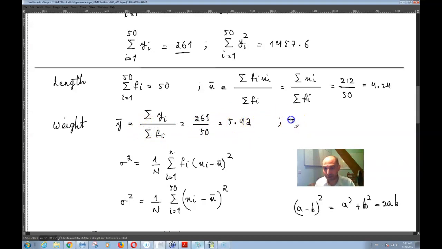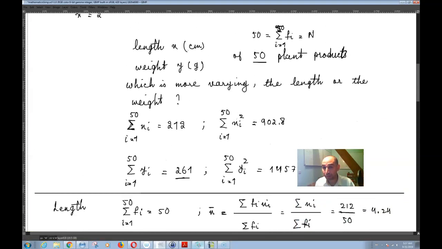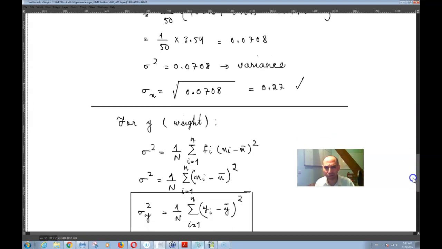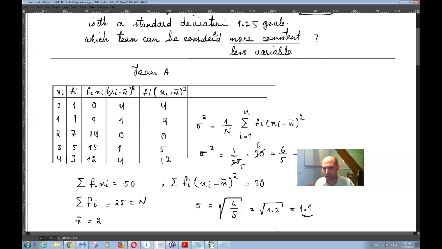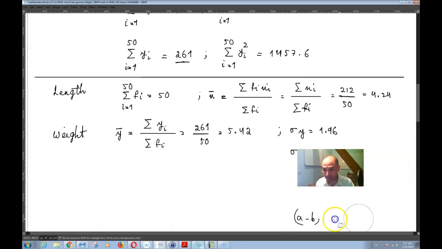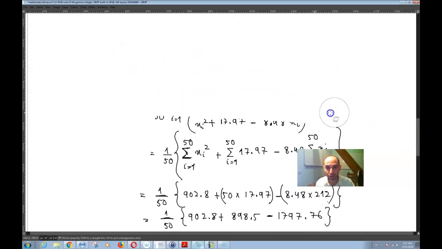We calculated sigma of y as 1.96. We calculated sigma of x as 0.27, which is a little bit odd. 0.27, and now let's calculate the coefficient of variation.